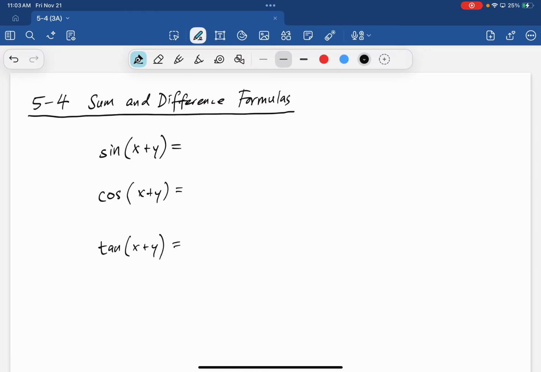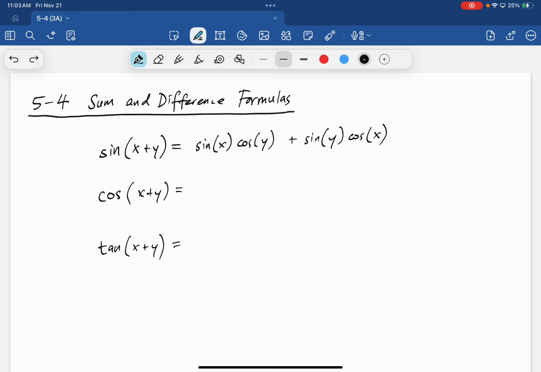Sine x plus y is sine of x times cosine of y plus sine of y times cosine of x. Okay, so we have two terms with sine and cosine multiplied. In the first term, we have sine x and cosine y, but in the second term, the y and the x flip positions.